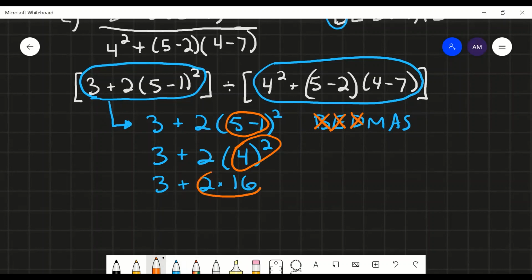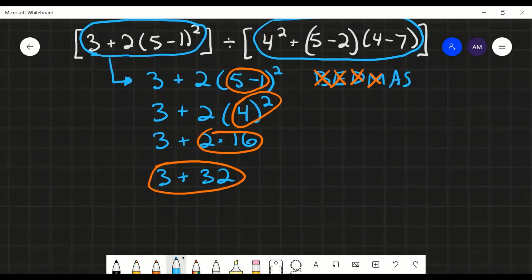Yes, there's a multiplication right here. 3 plus, well, 2 times 16 is 32. Are there additions? Yes, there's an addition right here. 3 plus 32 is 35. And so that would be the result of our first set of brackets.